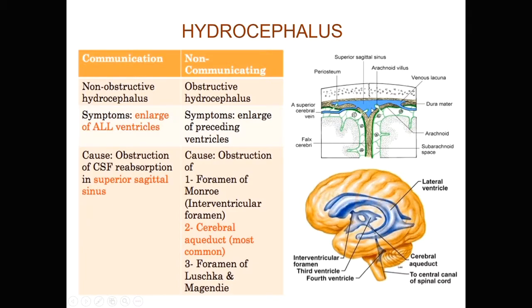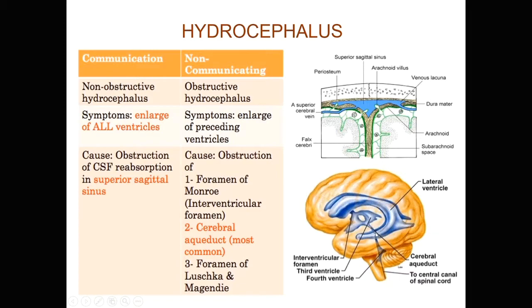So these arachnoid spaces with all this CSF reach out into here, and then this can start to leak out and get reabsorbed into the blood to then be filtered and then come back into this lateral ventricle and complete the cycle. If this gets obstructed, so for some reason it doesn't diffuse across, then that can increase the fluid inside the CSF space and lead to non-obstructive hydrocephalus. Remember, superior sagittal sinus, important for that.